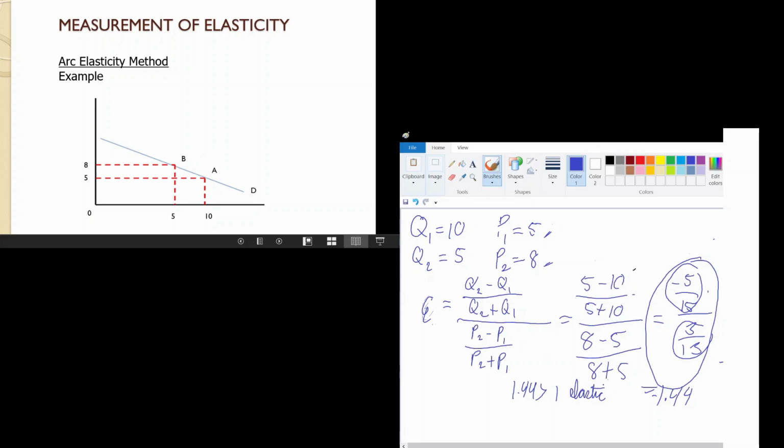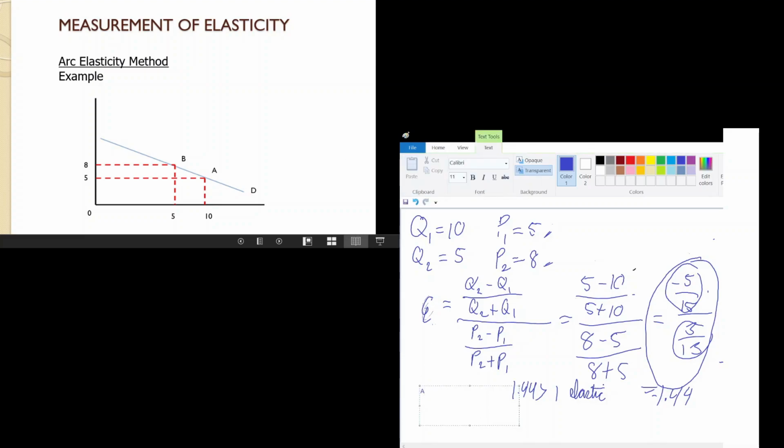Okay? So ito, arc elasticity na siya. So given 2 points, alam na natin kung nag-increase si price or nag-decrease si price. So ang interpretation dito is a 1%. Okay, so we are determining the percentage change in yung quantity natin given the percentage change in price.